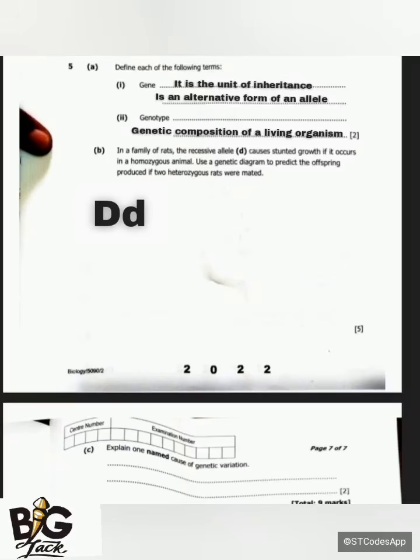With heterozygous we can have different letters with equal expression, or different letters having different expression. For example, if you have capital letter A and small letter b, capital letter A is a dominant allele and small letter b is a recessive allele. As a result, capital letter A is going to show itself in the phenotype.